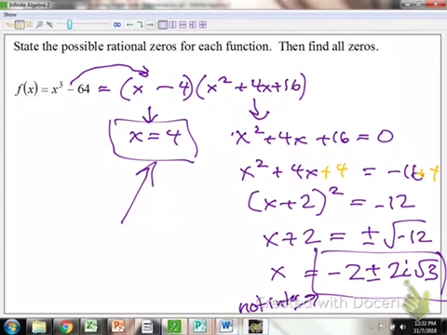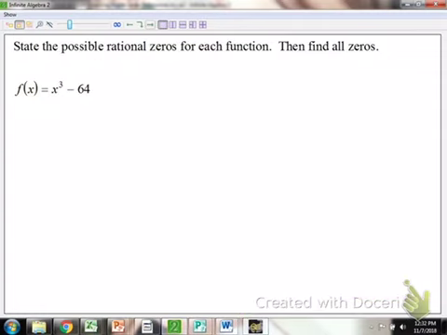Okay? Now, if you didn't notice that, you would kind of work your way through the synthetic division process. The first 0 that you're going to find is 4, but you might notice right away that 4 cubed is 64, and that's going to be a 0. So 1x cubed, 0x squared, 0x, -64.